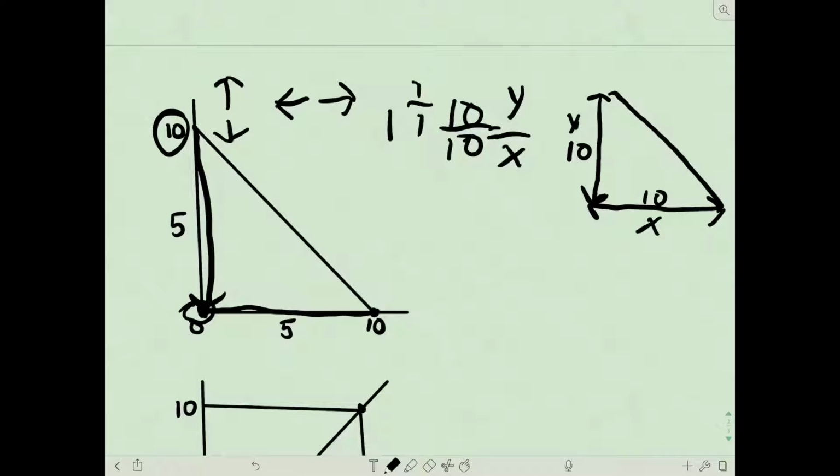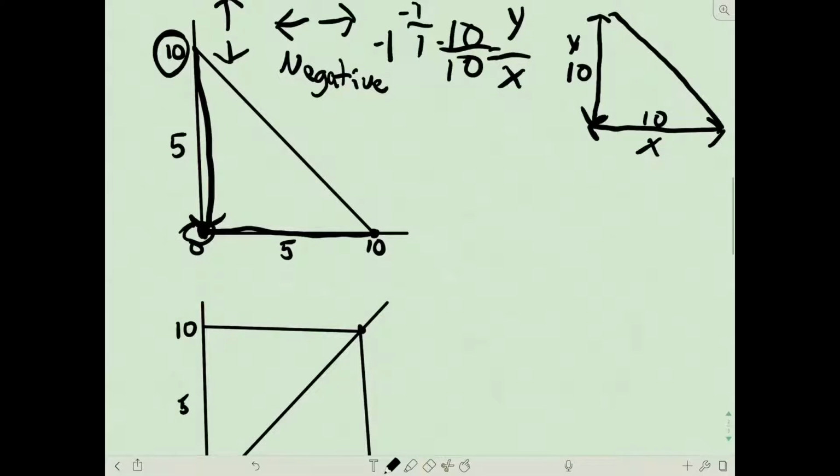That's up 1 over 1, up 1 over 1. But that's not the end of it. We can see very clearly that going left to right is going down, so we know that it's a negative slope. So we're going to throw a negative sign in front of that. So it's negative 1 over 1, what we originally found, negative 10 over 10.